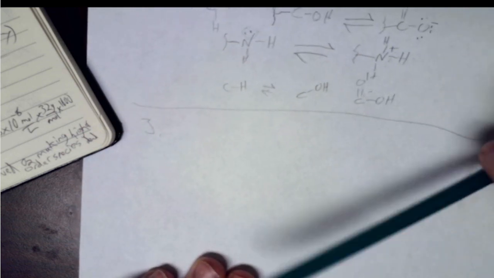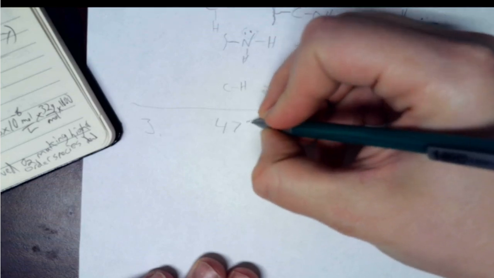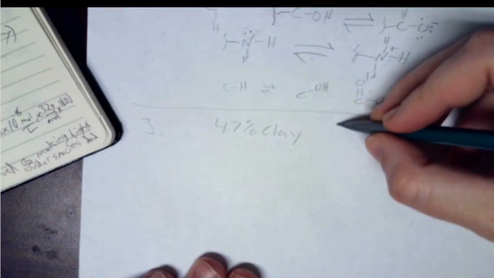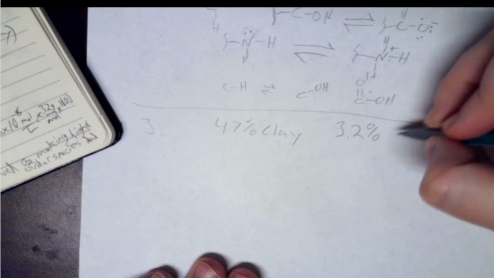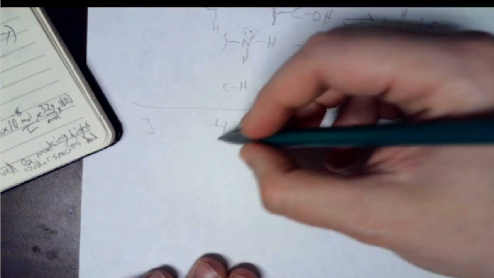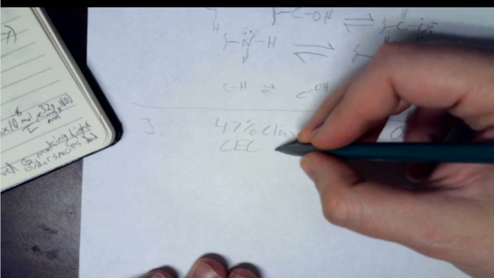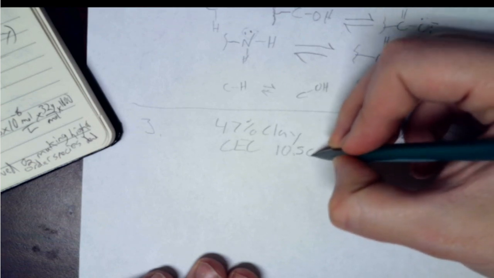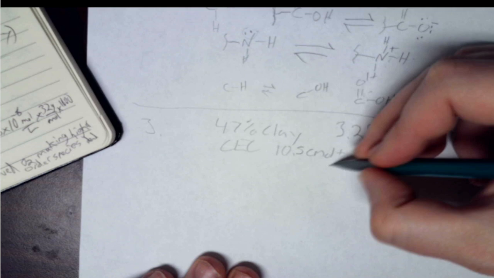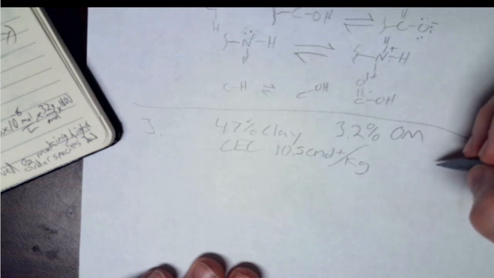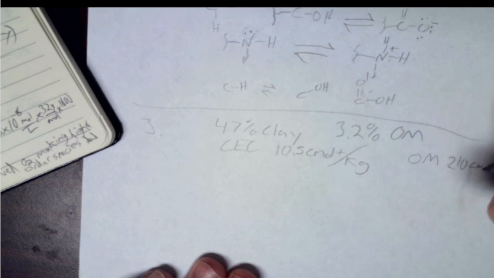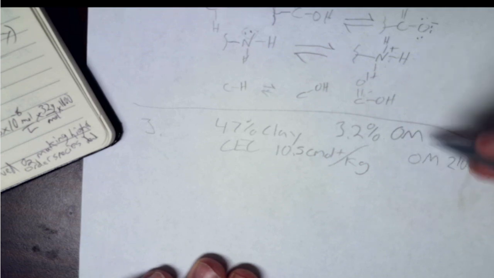Now, problem 3. A sediment containing some 47% clay and some 3.2% organic matter is found to have a cation exchange capacity of 10.5 centimoles cation per kilogram of sediment. Assuming the organic matter has 210 centimoles per kilogram, show that the clay could be kaolinite but not montmorillonite.